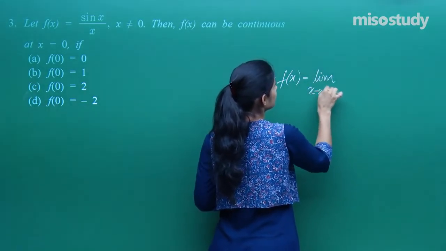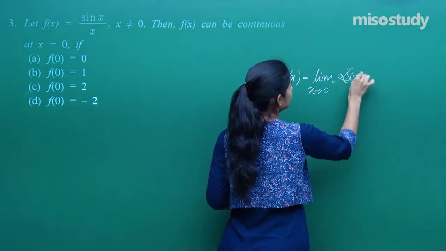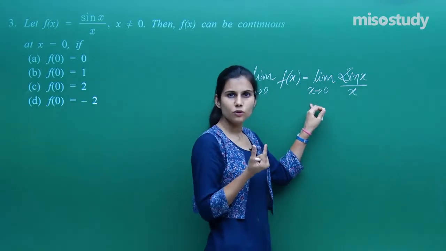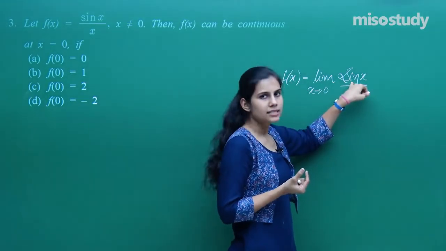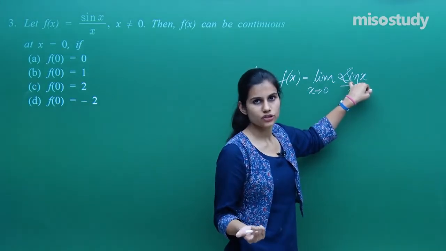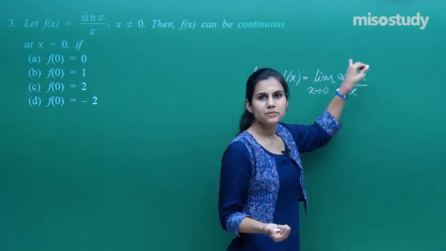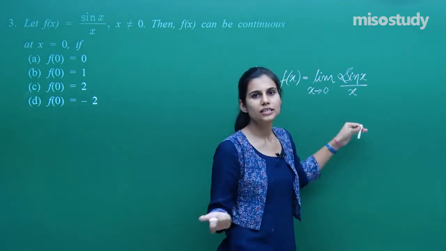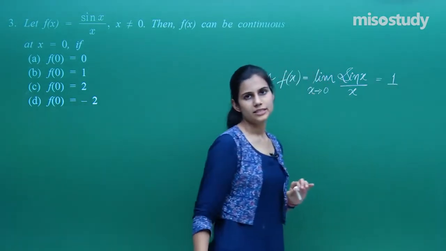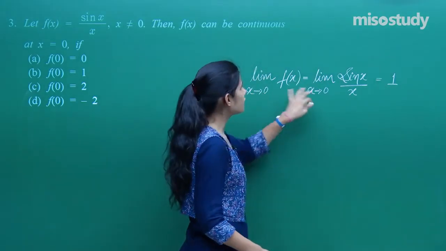Limit x tends to 0 sin x by x. You know that as x approaches to 0, when x is very close to 0, the graph of sin x is almost the same as that of the identity function. So sin x approximately becomes equal to x. So x upon x gives you 1, and this is the limit that is equal to 1. So limit x tends to 0, f of x is 1.